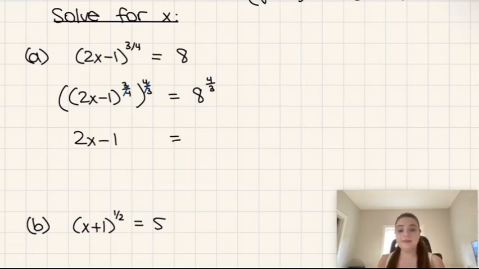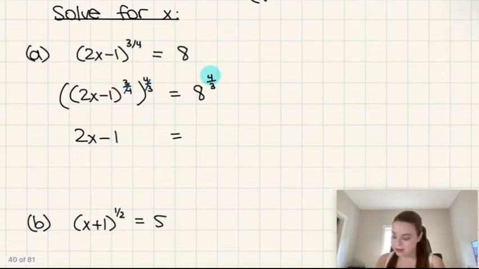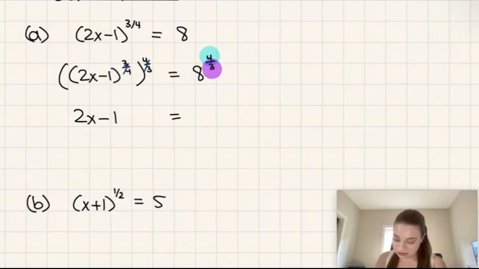And then on the right, I'm going to try and simplify this a little bit more. Whenever we have a number in the numerator of our fraction, that means to take it to the power of that number, and the number in the denominator is the root.